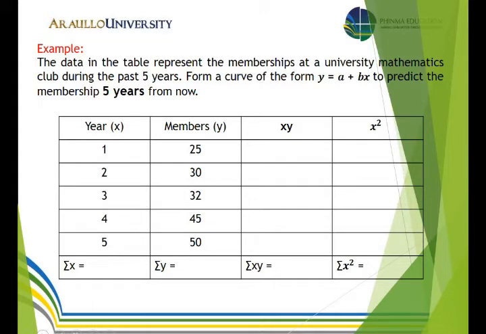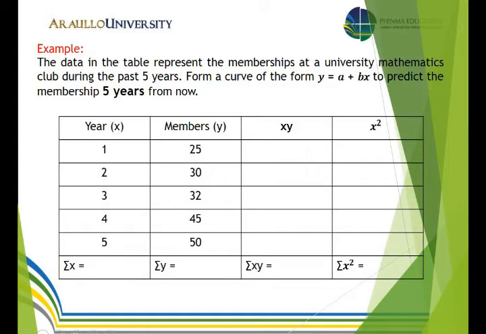In the first year, the Mathematics Club had 25 members. In the second year, they had 30 members. In the third year, 32 members. For the fourth year, they had 45 members. And in the fifth year, they had 50 members.